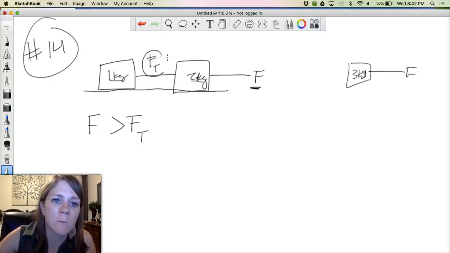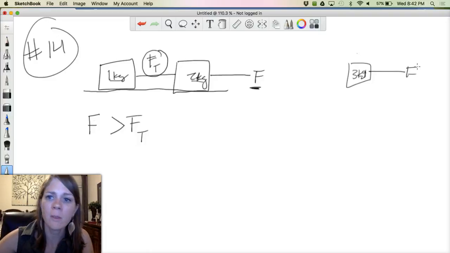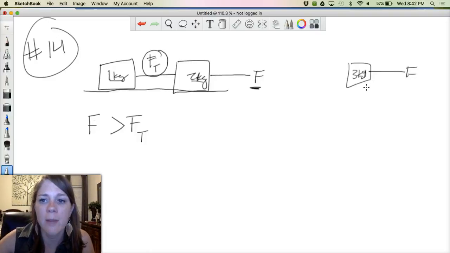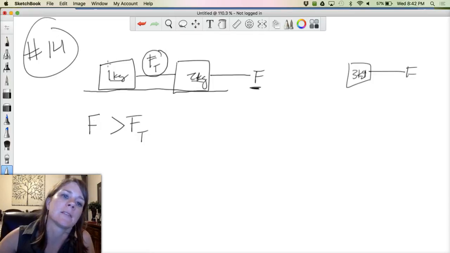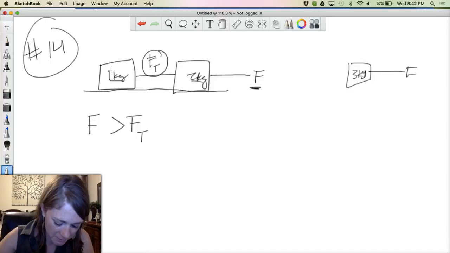Well, how much mass does this force have to pull? It only has to pull 1 kilogram. So if this force has to pull 3 kilograms and this force only has to pull 1 kilogram, what is the ratio of the forces?